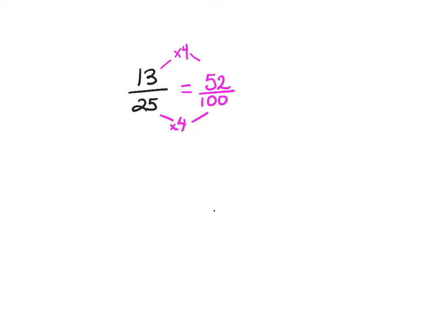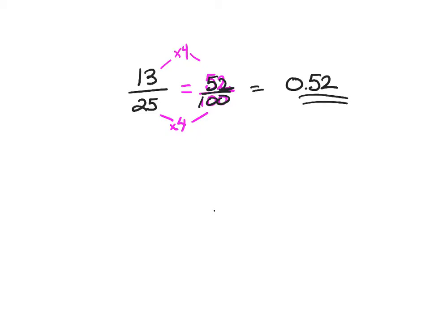Now, even just saying the fraction 52 hundredths, that is exactly how I say the decimal number 52 hundredths. So I can have that converted just by reading the fraction, 52 of 100, 52 hundredths. It's the same thing.